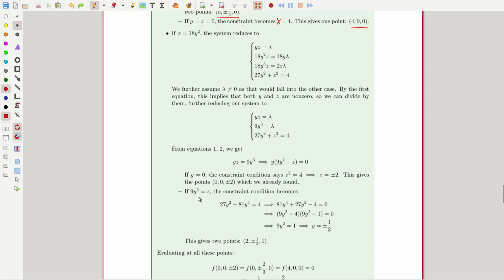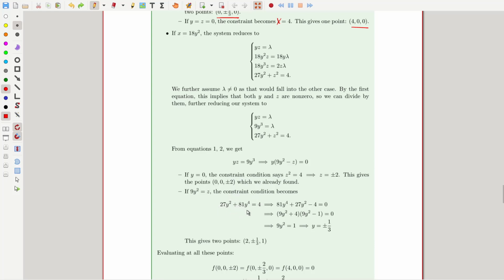So when you plug this in as your z, you end up squaring this term. So you get 81y to the 4th plus 27y squared. So you actually aren't able to combine them in that way that I was just about to try doing. So we get this instead, and hopefully you recognize that you can solve this.